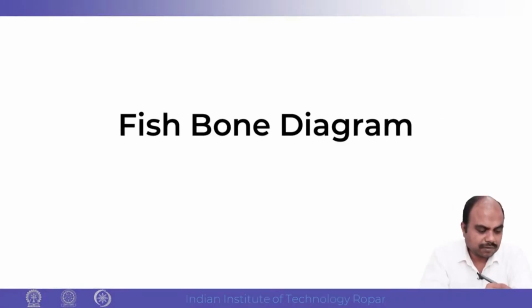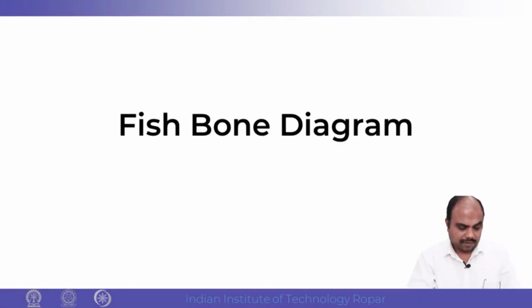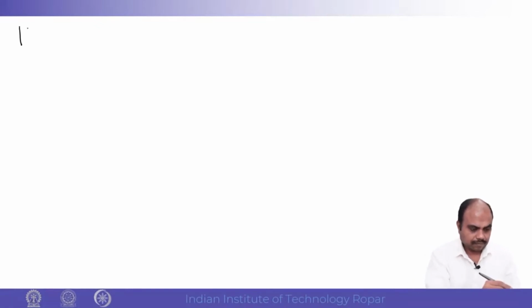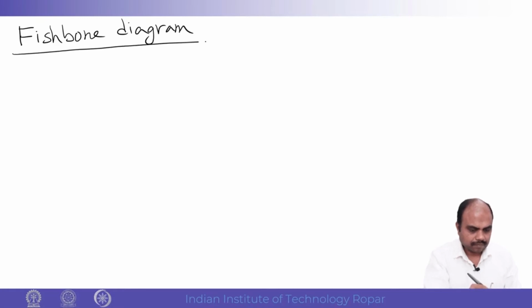Now we will be learning about the fishbone diagram. Fishbone diagram is a quite popular method, especially to find out cause and effect. So it is also known as the cause and effect diagram.